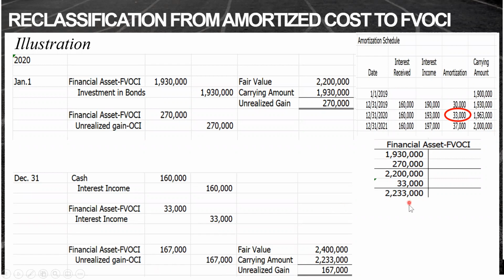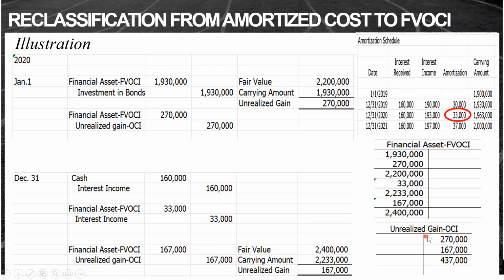If you are to plot that in our T account, this is what our T account will look like. Take note here, after posting our entry recognizing the unrealized gain OCI, our financial asset at fair value through OCI is now equal to its fair value, which is 2.4 million. Also, this will be the balance of our unrealized gain OCI.